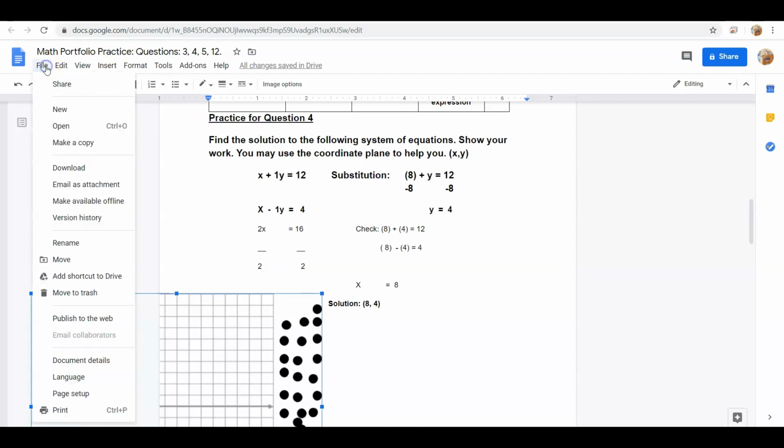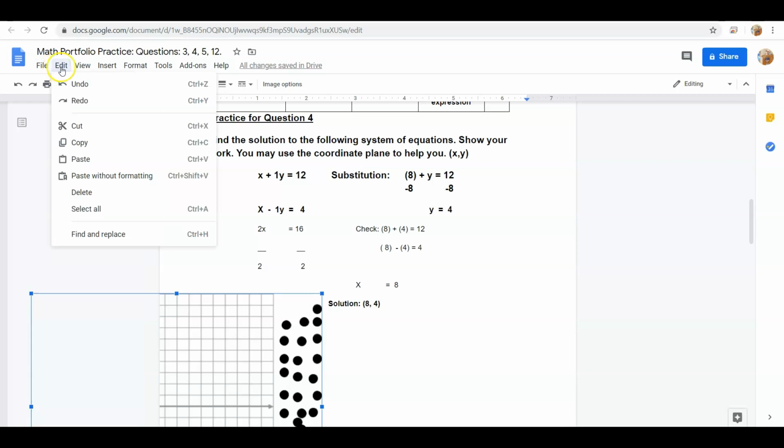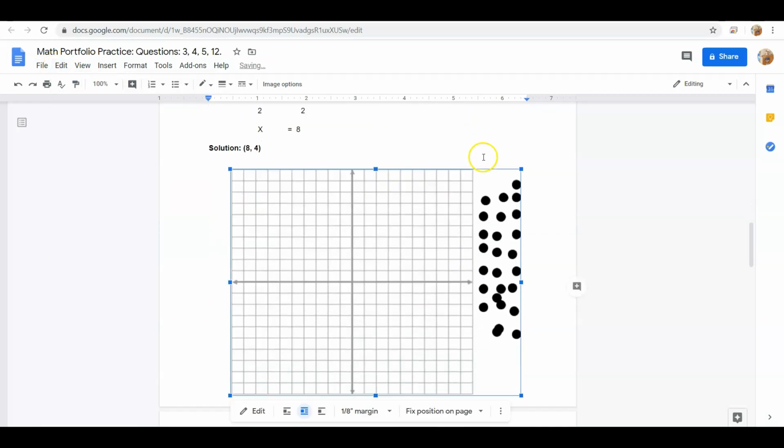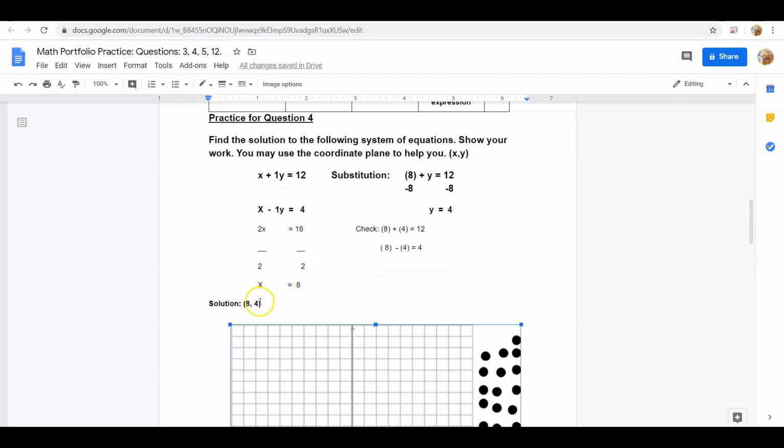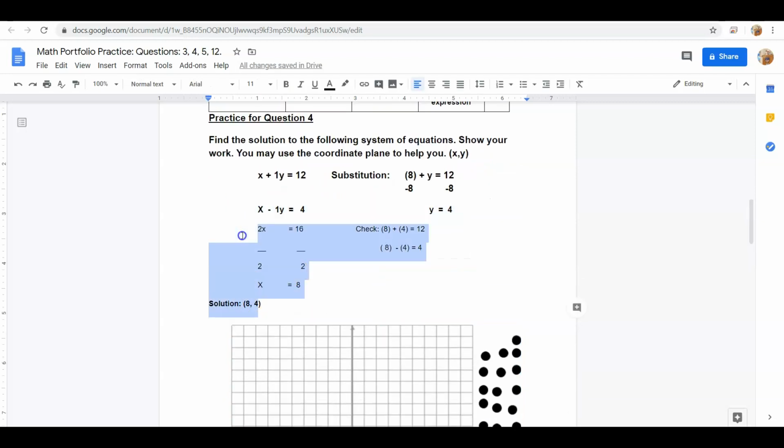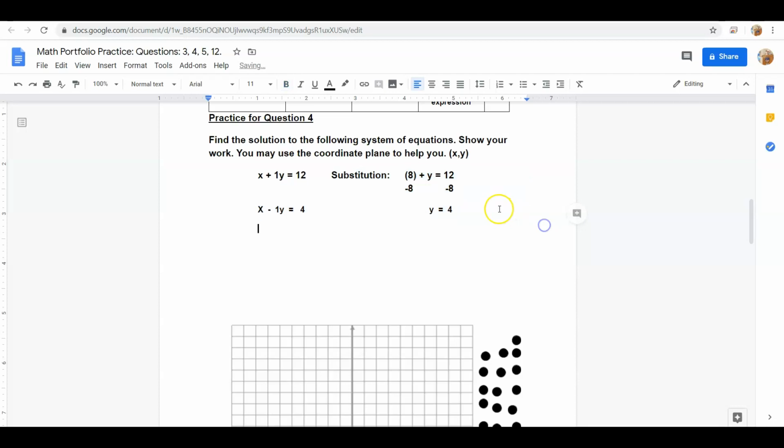So if this happens and you don't know the key binding, you go to Edit, and if you press this undo, it'll go back. So I'm going to erase this work. Don't worry, if you go back in the video, it's still there. I'm going to erase all of this, and I'm going to be left with these two equations again.